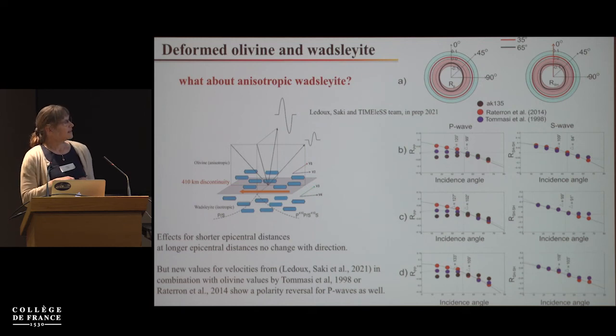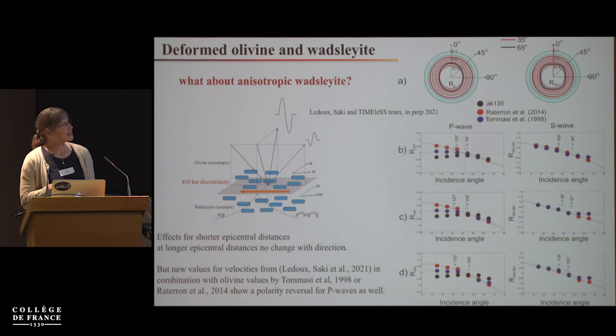If we combine the values for the upper mantle, we use the two different results by Rateron or Tomasi, that's the blue and the red ones here. And then I also show AK135. Those are for the olivine systems, and for the Wadsleite we use the results from Estelle, and maybe you have seen the poster yesterday.